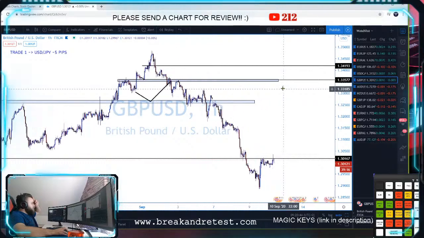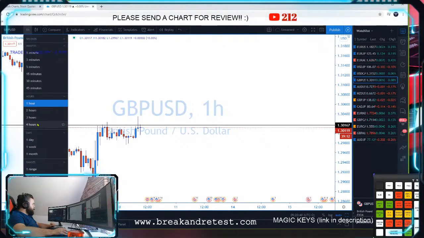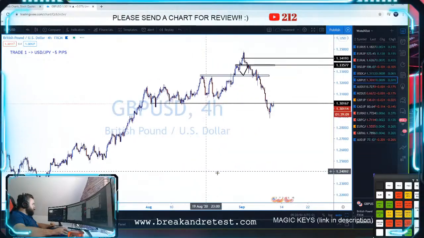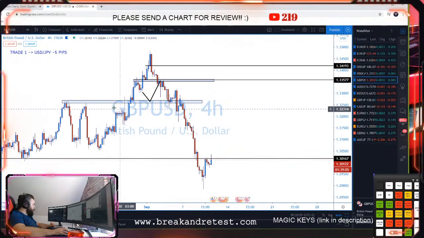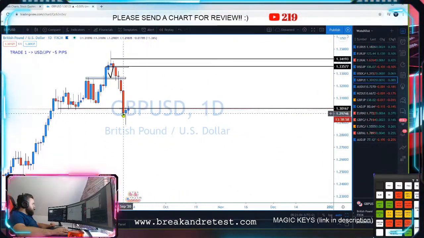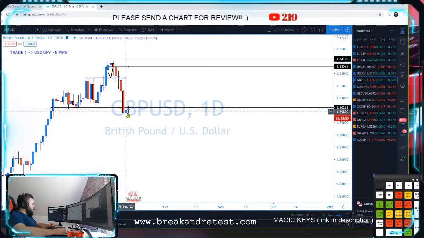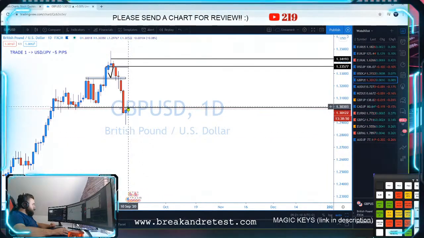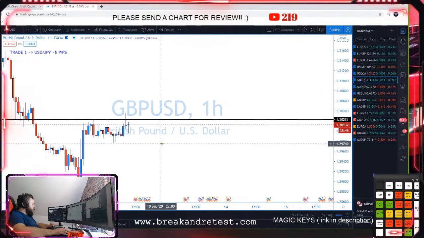GBPUSD. What's gonna happen here? So 2 days ago we broke this support on the daily, and yesterday we came all the way up. We got rejected first, second time also rejecting again.